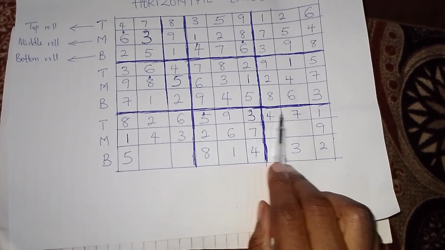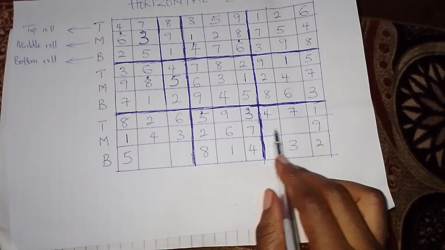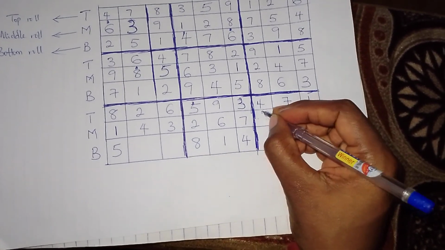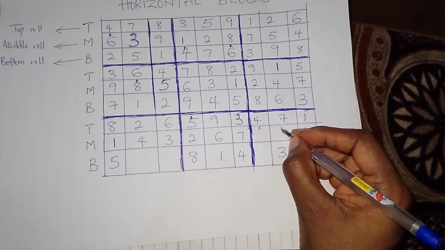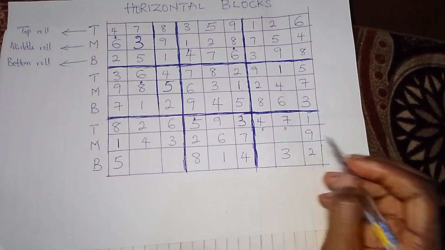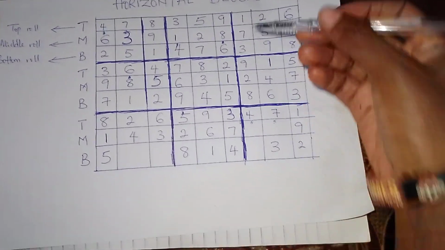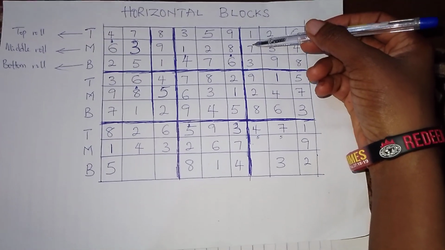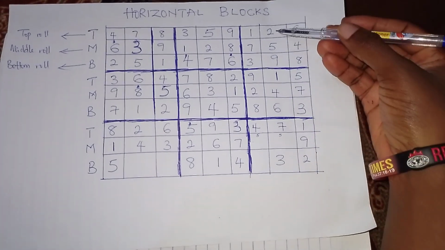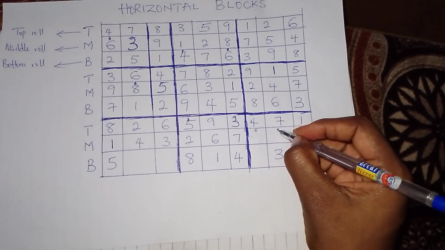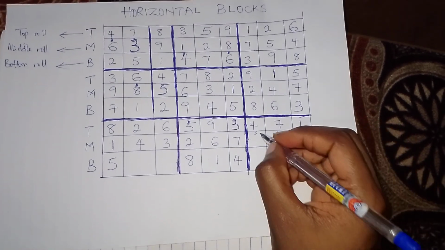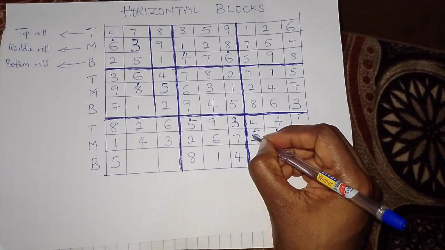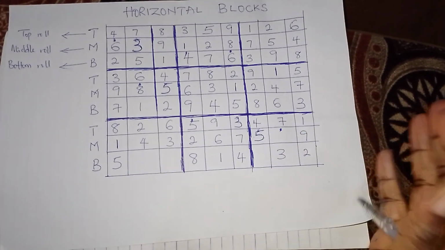So if we have a 5 at the top, 5 at the bottom, we need a 5 in between here. So 5 here and 5 here. So which of them would carry the 5? Let's check the column. There is no 5 here, and there's a 5 here, so that means this 5 wouldn't work. This place will be the 5. Now we are done with 5.